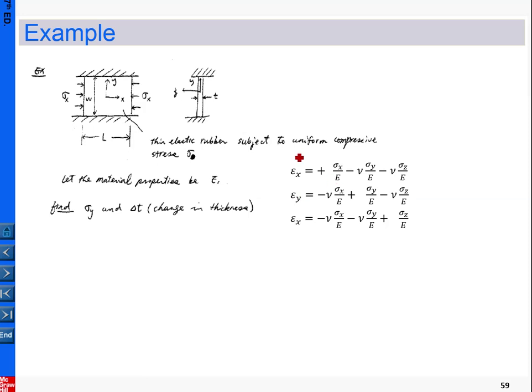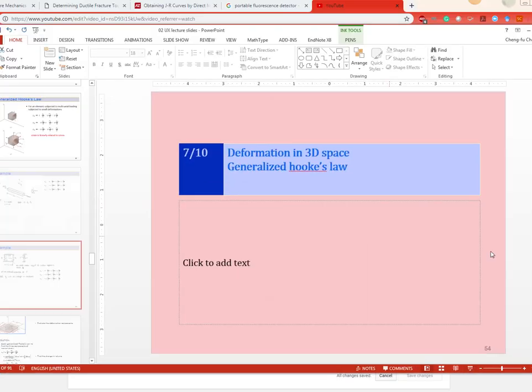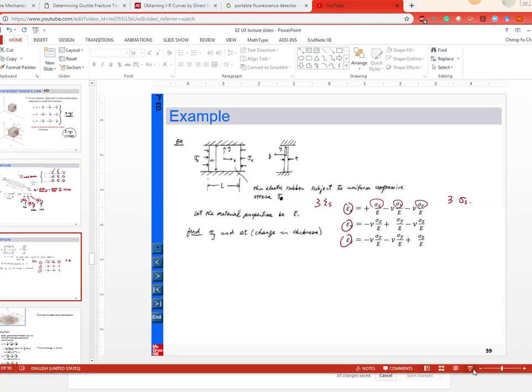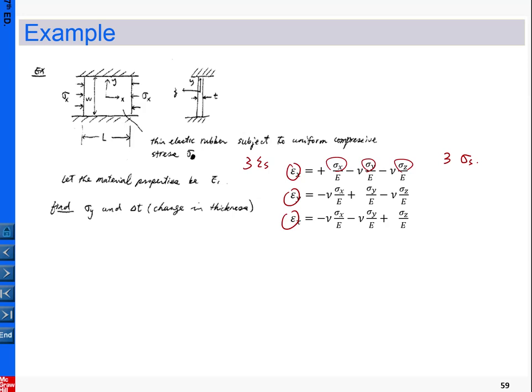That means given 3 strains and 3 stresses... Sorry for the interruption, we're back here. So here we have 3 strains, 3 stresses, and only 3 equations. So we need to identify 3 of those 6 quantities.